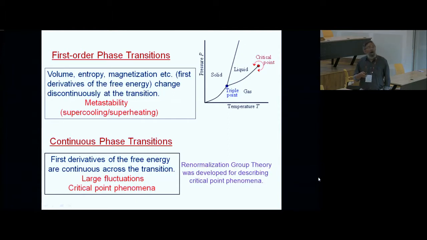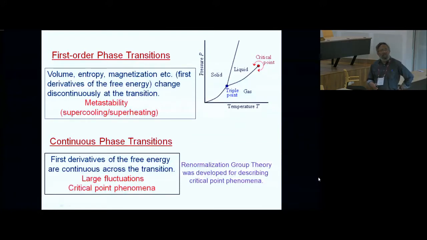Here, for example, one thing that I did talk about a little bit in detail is the entropy, where you look at the Helmholtz free energy and take a derivative of that with respect to the temperature, which gives you the entropy. And there are some phase transitions in which this quantity changes discontinuously. As one goes from one phase to another across the phase boundary, there is a discontinuous change in the entropy. And again, from your high school physics, probably you remember that this is related to what is known as latent heat and so on and so forth.